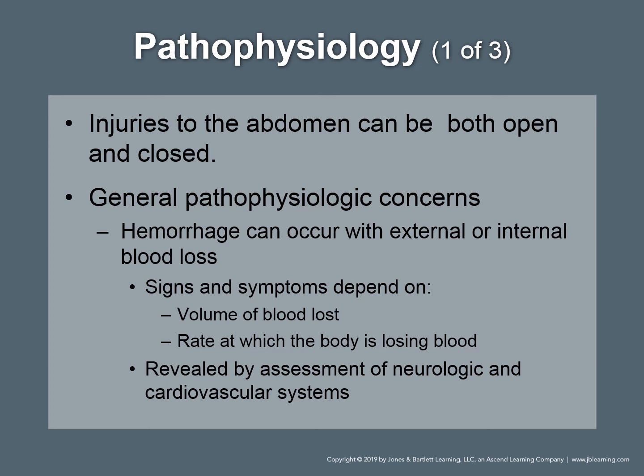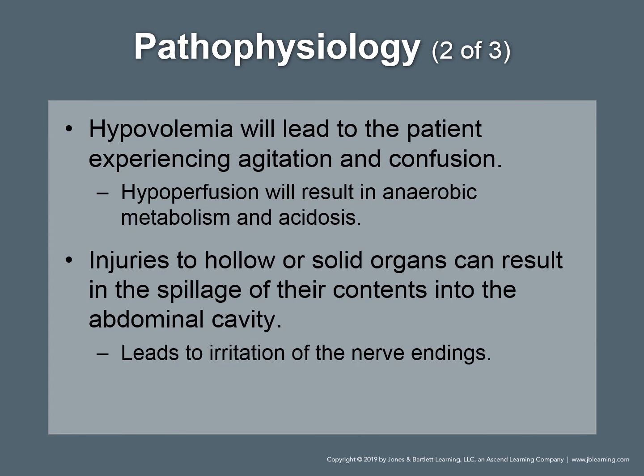Your signs and symptoms will depend on volume of blood loss and the rate at which the body's losing blood. A small injury to the spleen or liver will bleed much slower than a large liver or spleen injury. And we assess our neurological and cardiovascular system for our signs of shock. If you do not know the signs of shock, compensated, decompensated, and irreversible, like the back of your hand, you really need to go back and learn those.